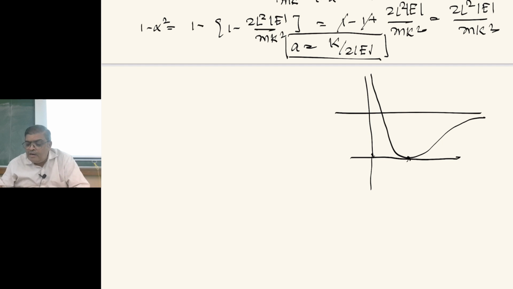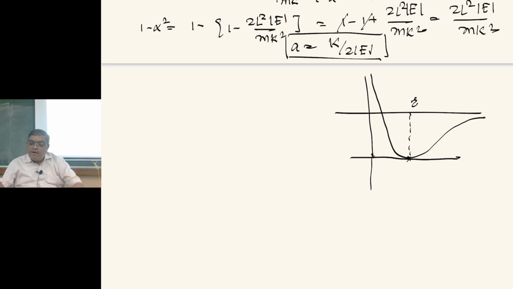Can I have any energies below this? No, because then the entire R axis is going to be forbidden. Because everywhere along the R axis, the potential energy is larger than the total energy. That can never happen. Is that right? So therefore, there is going to be only one point of contact, that is R.